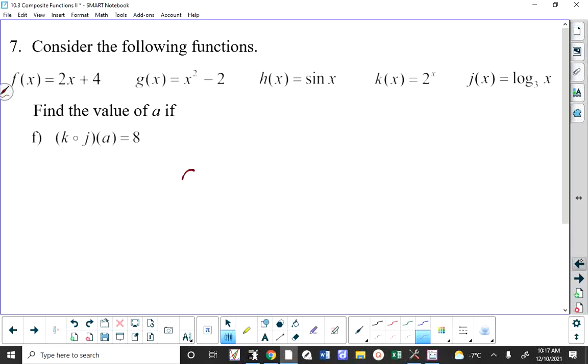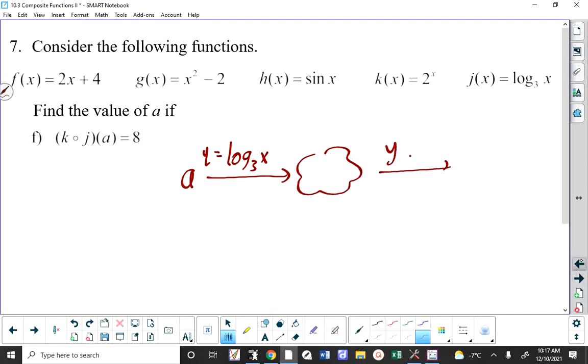Finally, we put a through J first, which is log base 3 of x equals y. We take that output and we feed it through K, which is y equals 2 to the x, and we get 8.